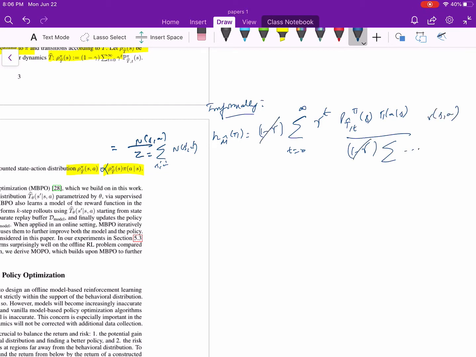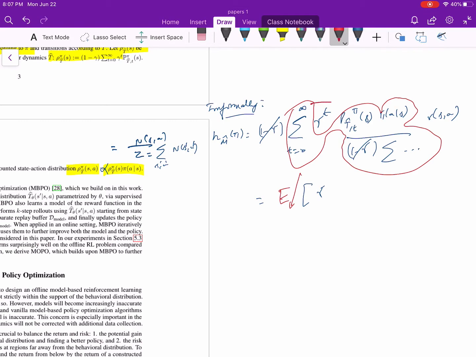I guess these two get cancelled, and you could treat this part as the probability distribution. So I could club them together and write it as an expectation under this distribution of r of s, a.